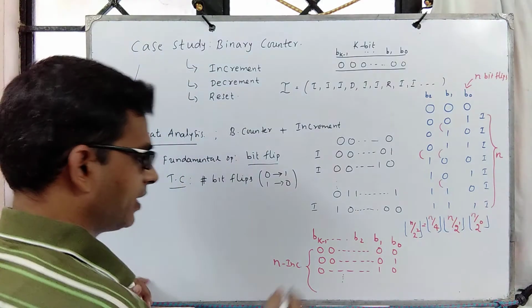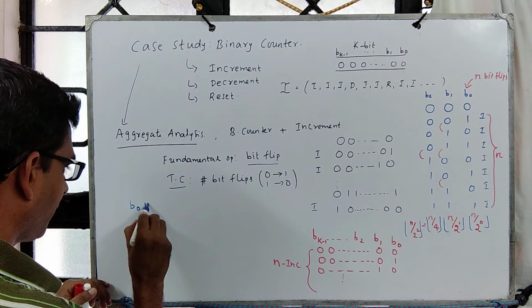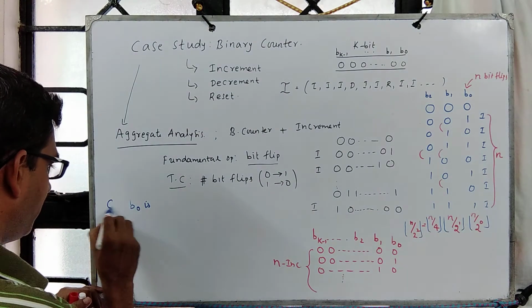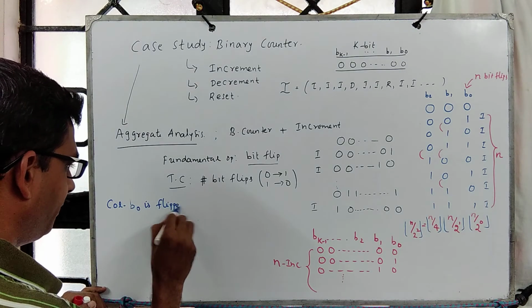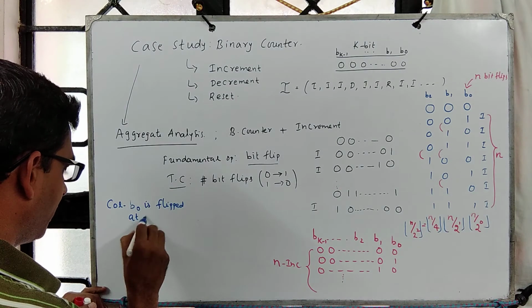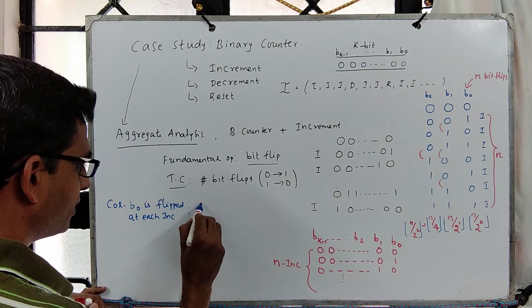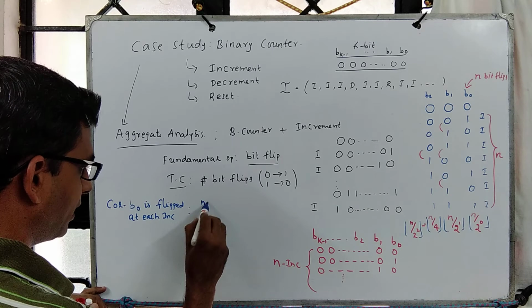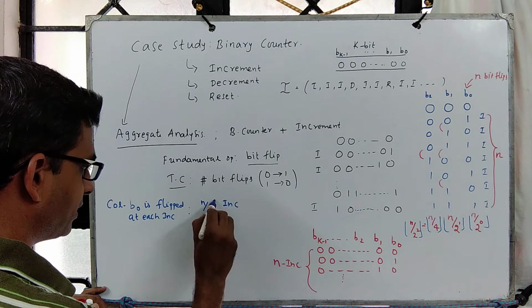Then we see that the column B0 is flipped at each increment, which means there are n divided by 2 power 0 flips.